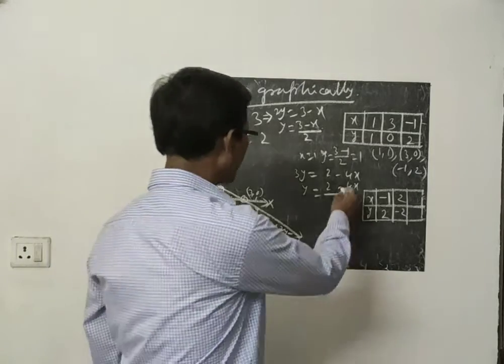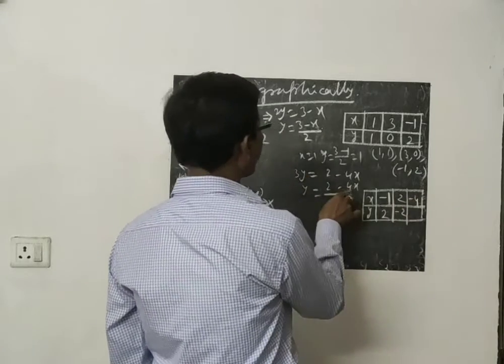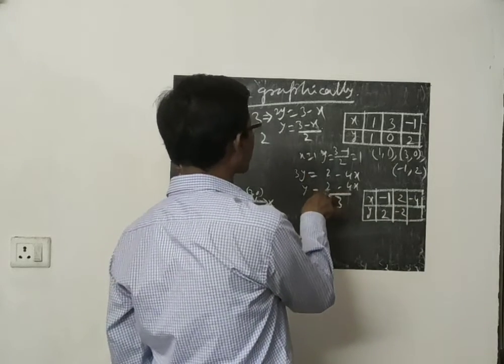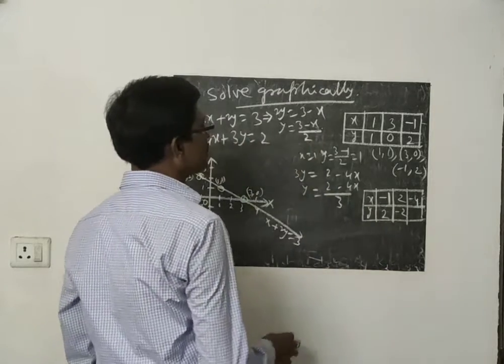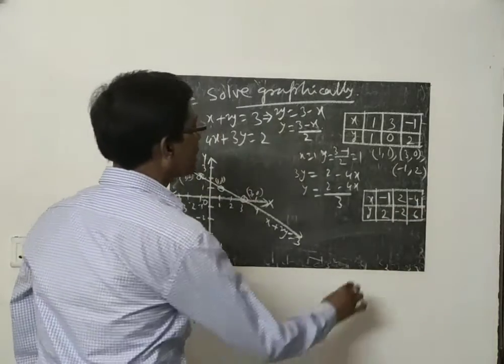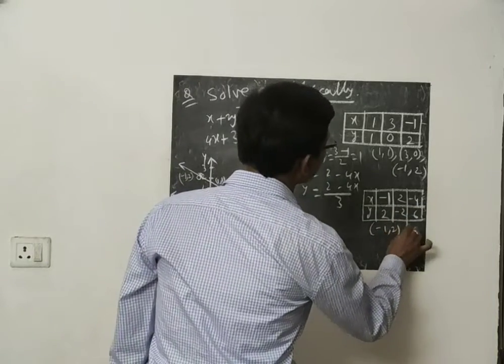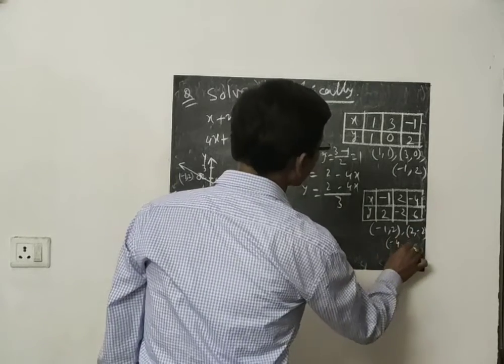Suppose we take x equal to minus 4, then it will be minus minus plus 16 plus 2, 18 by 3, which is 6. Any larger value would become too big. So you are getting the points minus 1, 2; 2, minus 2; and minus 4, 6.